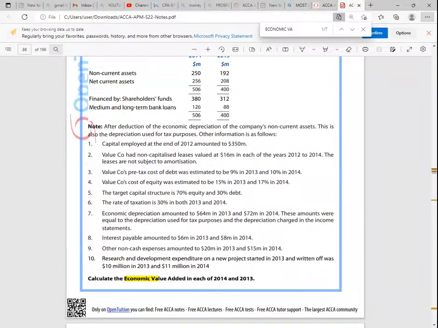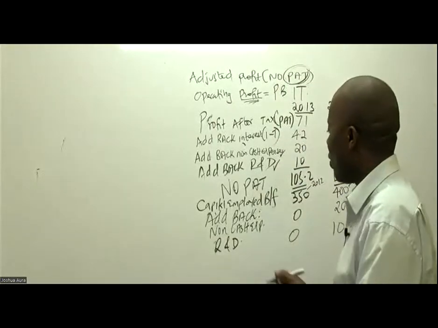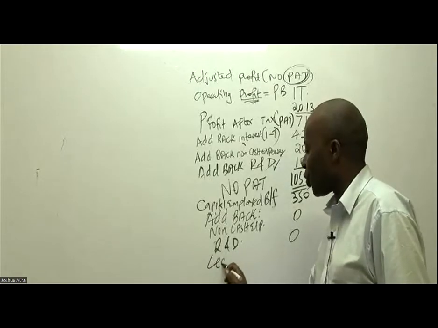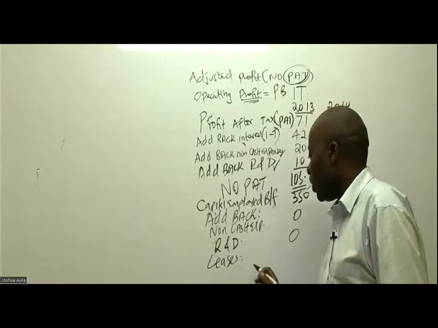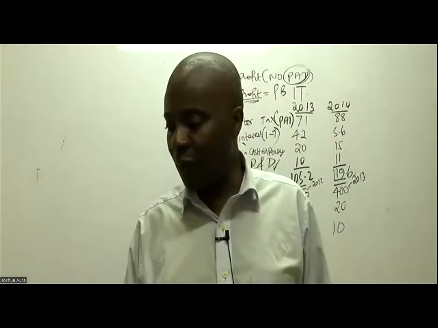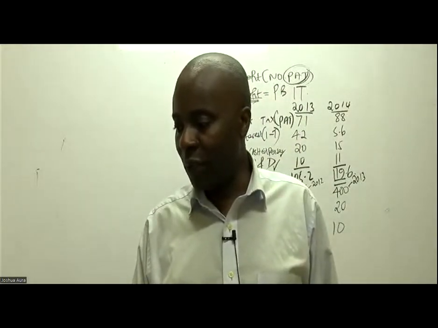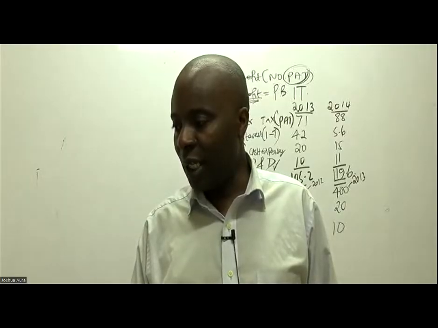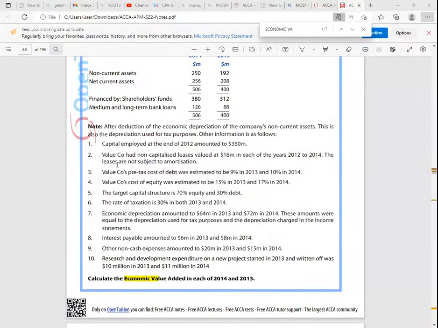So in this case here, we talk of capitalized now. We have the lease. The leases, which were non-capitalized, could you kindly come and give us the figures for the 2 years, for the leases there?